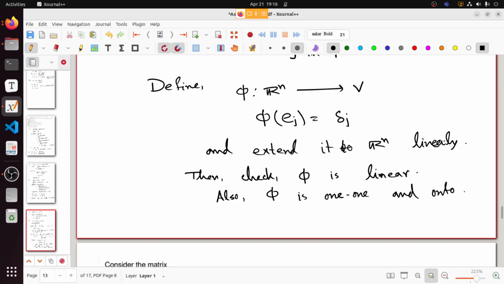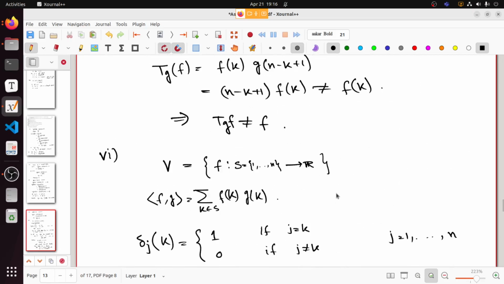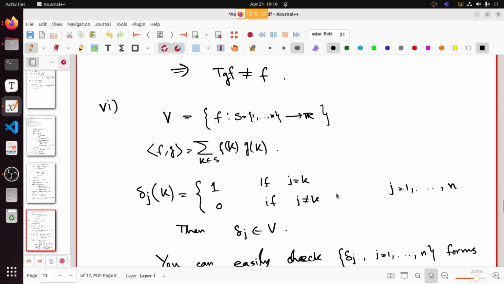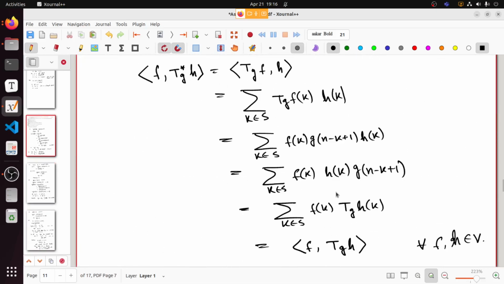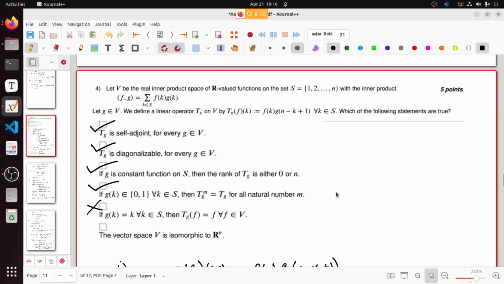So therefore phi is an isomorphism. Right, so we get an isomorphism from R^n to V, meaning V is isomorphic to R^n, right? And you can also check that the inner product is preserved. So therefore V is isomorphic to R^n. So option number 6 is correct.